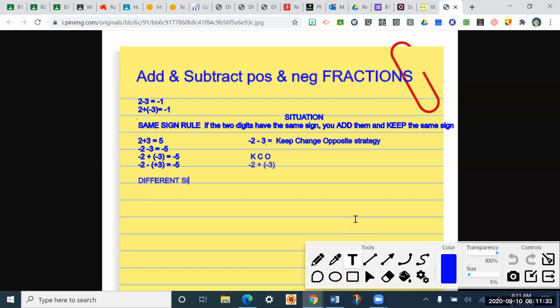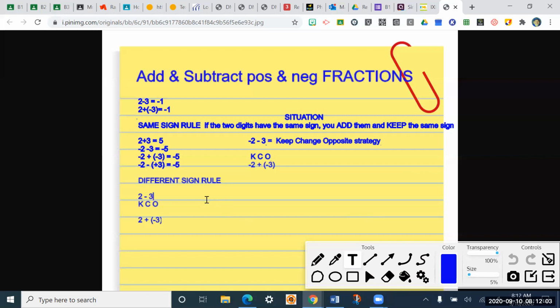Different sign rule. We have 2 minus 3, or if we keep, change, opposite, we have 2 plus a -3. Okay, so that's different sign rule.